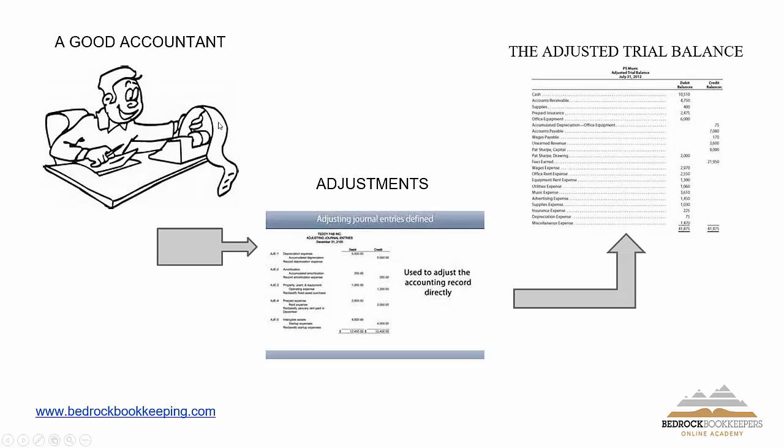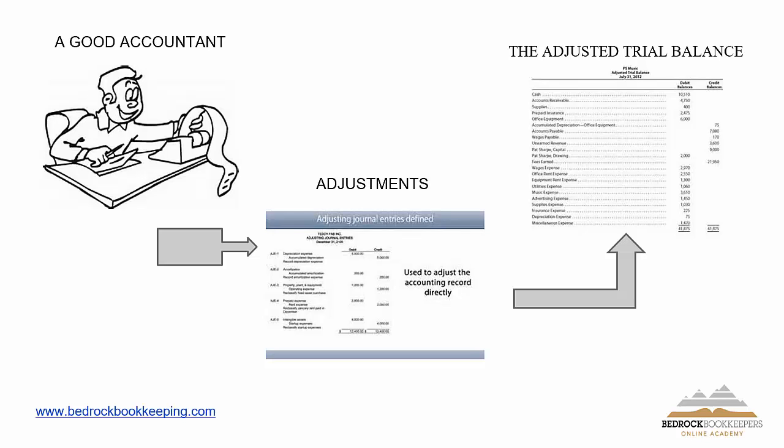From here, you get a good accountant who makes the adjustments, for instance, corrections to the unadjusted trial balance. We're going to peruse the numbers and make sure that everything is in balance. We're going to double check the bank recs against the bank balance.